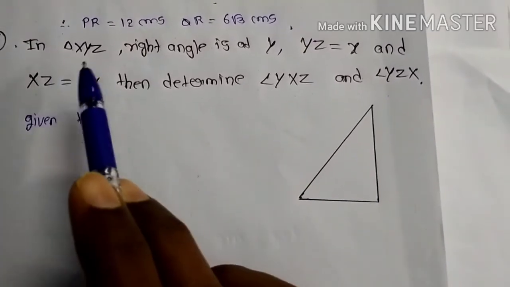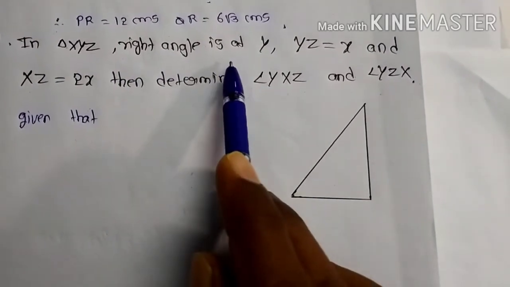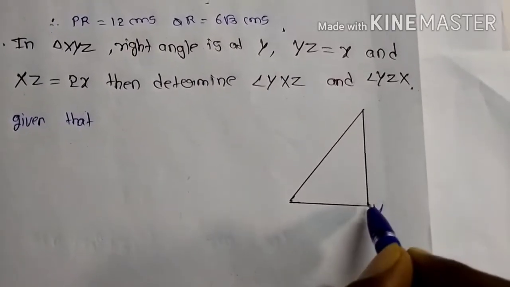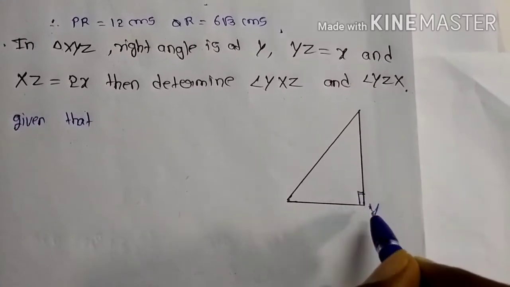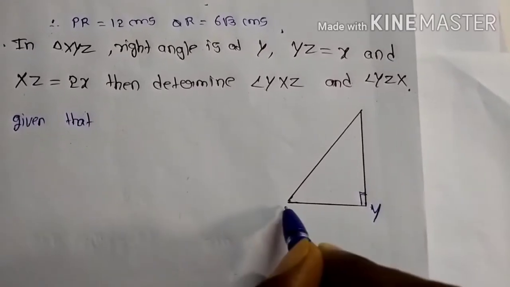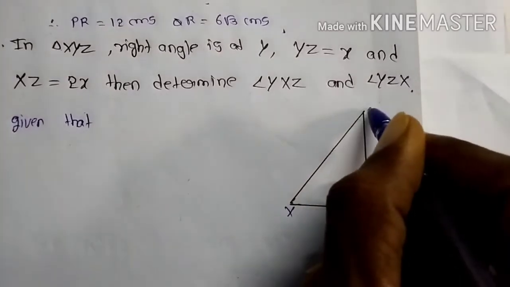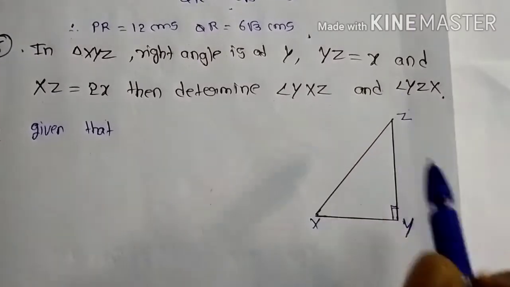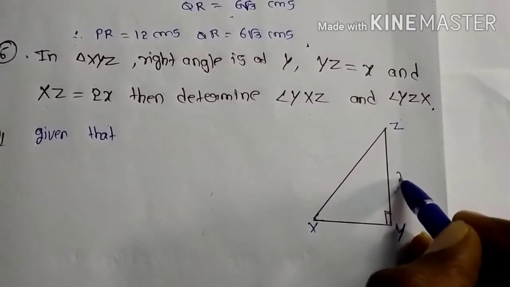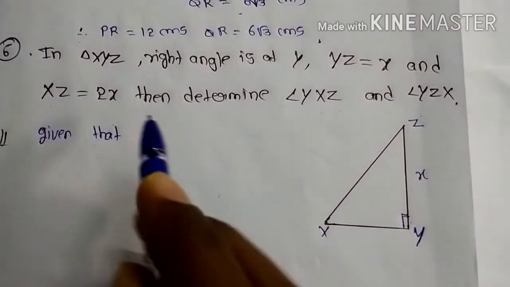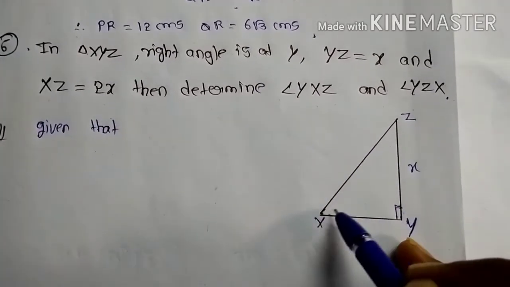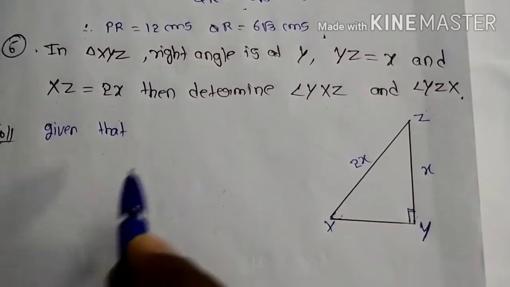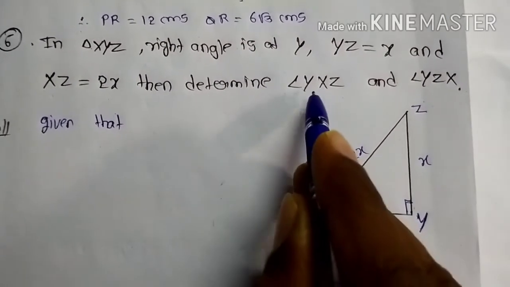In triangle XYZ, it is a right angle at Y, that is, 90 degrees at Y. YZ is equal to small x. XZ is equal to how much? 2x.